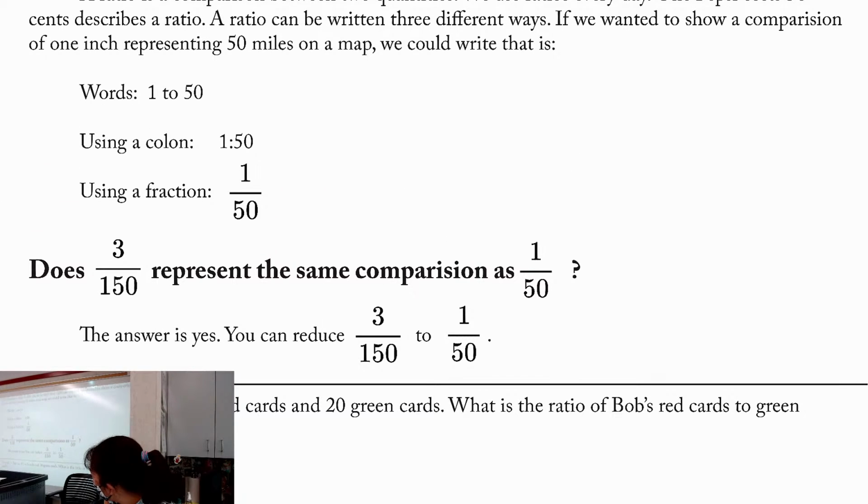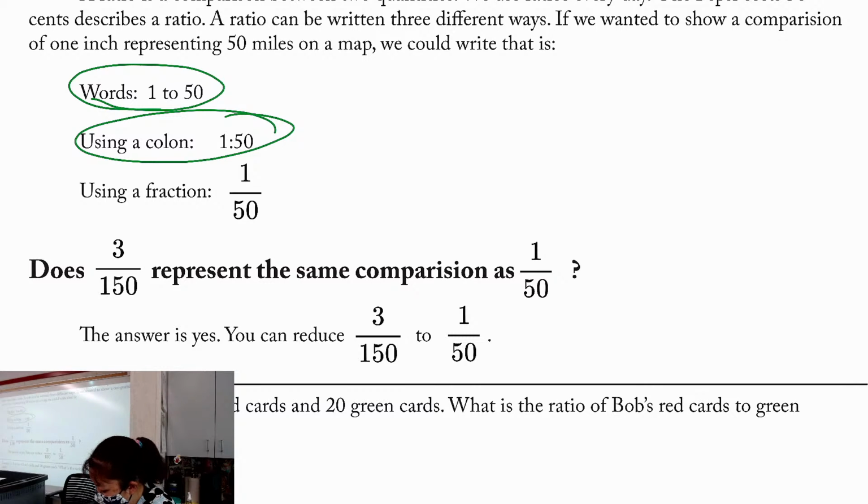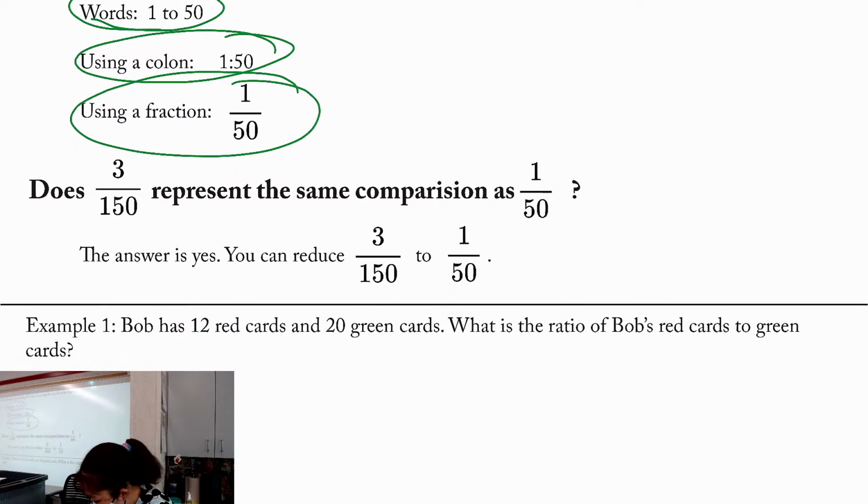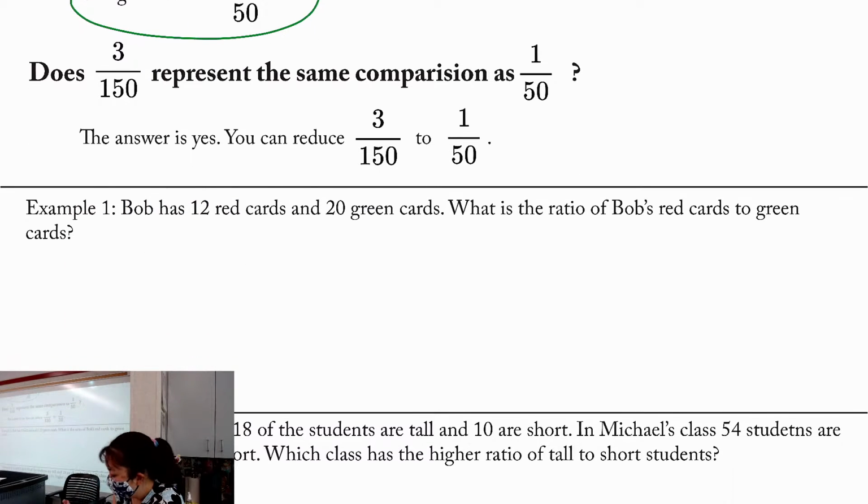But ratios can be written in words, like 1 to 5. You can use a colon, or you can use it as a fraction. Okay. I do want you guys to reduce things. When you set up ratio and proportions, you set up common units over common units.